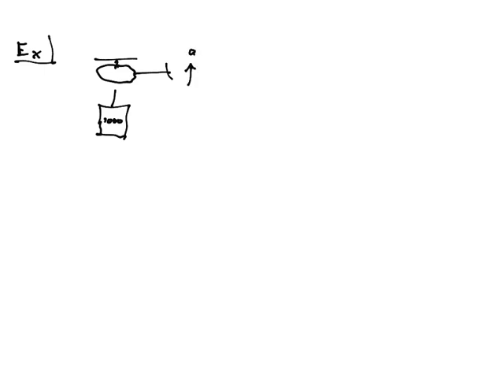The helicopter is accelerating upward with an acceleration of 5 meters per second squared. And the helicopter lifts the crate a distance of 100 meters. Okay. So that's our situation.